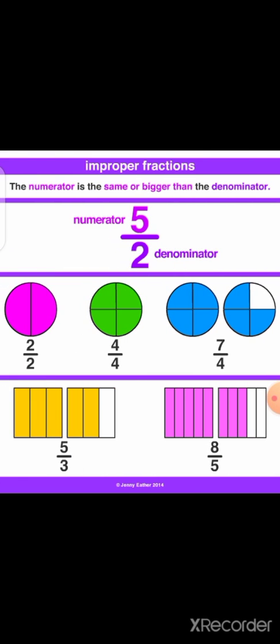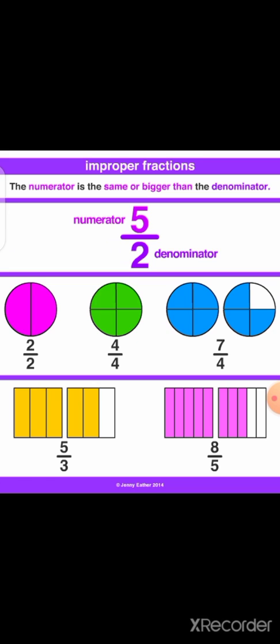Another kind is improper fractions. The numerator is the same or bigger than the denominator, then these types of fractions are called improper fractions. Example is improper fraction 5 over 2. 5 is numerator, 2 is denominator.